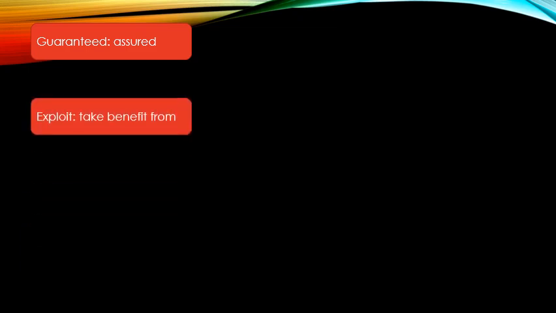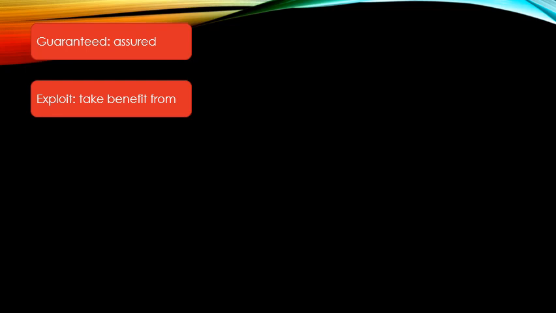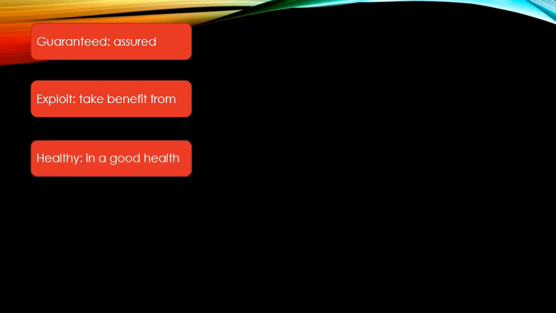Now I'm going to start explaining their meanings one by one. Guaranteed, when you say something is guaranteed, it's assured, it's confirmed. Exploit, when you exploit, you take advantage or benefit from something or someone. Healthy, when you're in good health, or something is in good health, we say it's healthy.